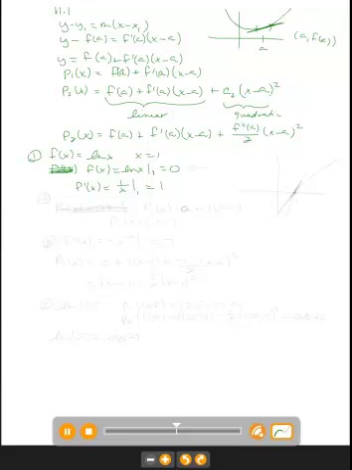So, according to my formula, for part A, P1 of x is going to be equal to f at a, which we figured out to be 0, plus the slope, which was 1, times x minus 1. If I clean that up, P1 of x is just x minus 1.